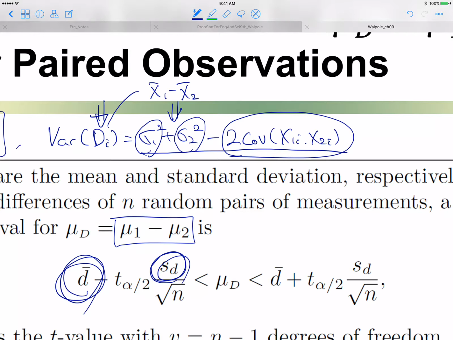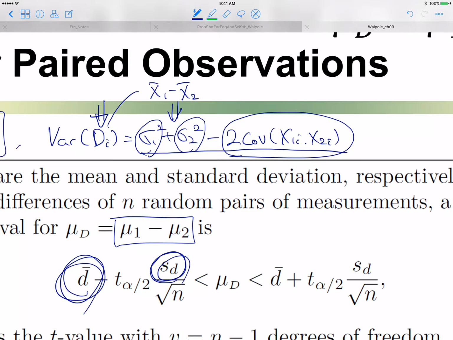So if one variable is increasing and the other variable is decreasing, then we consider this case as a negative covariance or correlation coefficient, right? But if they have a positive correlation, if one variable is increasing, the other variable is also increasing.